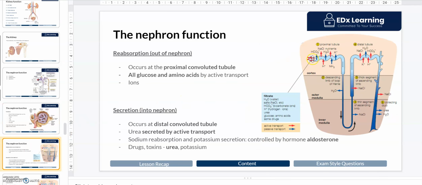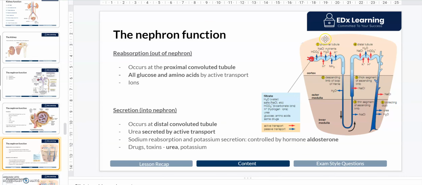The next process we have going on is reabsorption. Now, do you remember where we said reabsorption occurs? So it's the proximal convoluted tubule. Remember, we said the tubule is convoluted here, and we call it proximal because it's close to the glomerulus. Hence, this would be called the distal convoluted tubule.